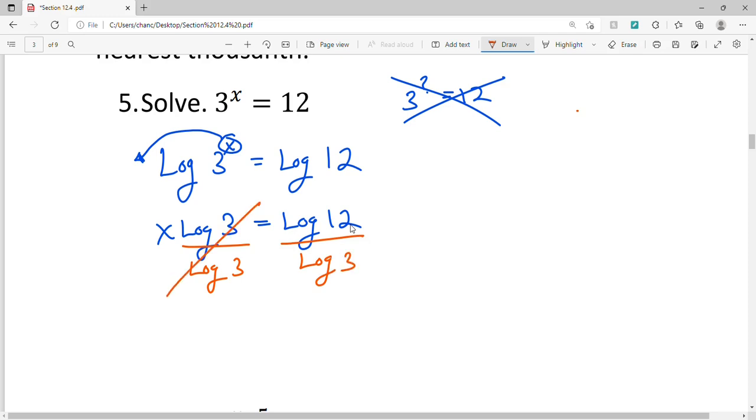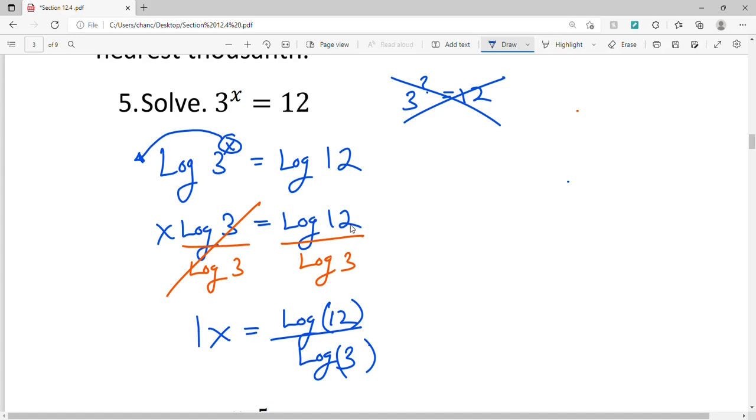And that divides out. I am left with x is equal to log of 12 divided by log of 3. Please, please don't make the mistake of reducing the 12 with the 3. These are inside a set of parentheses. You have to do the log of 12 first, then divide by log 3. You can't reduce the 12 and the 3.